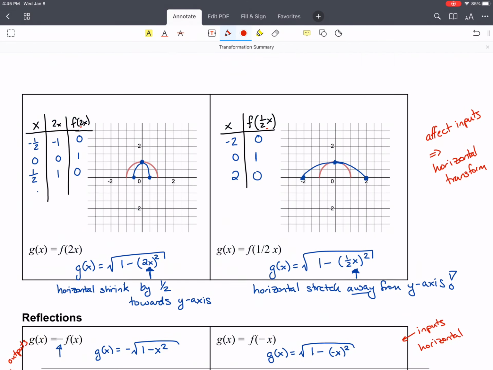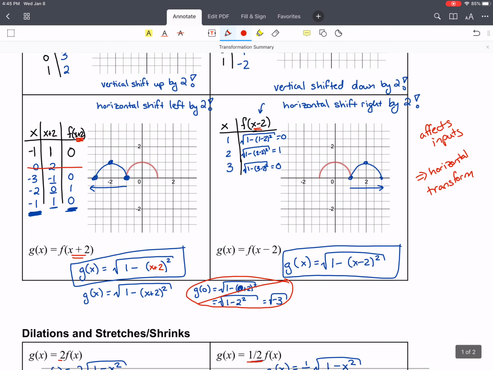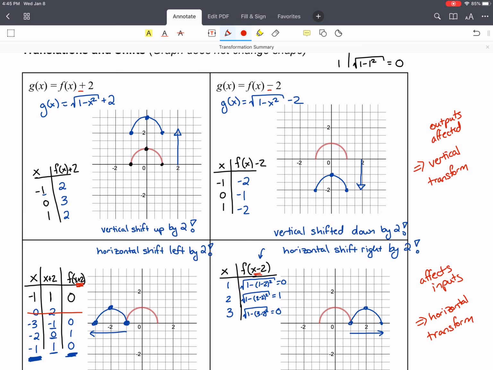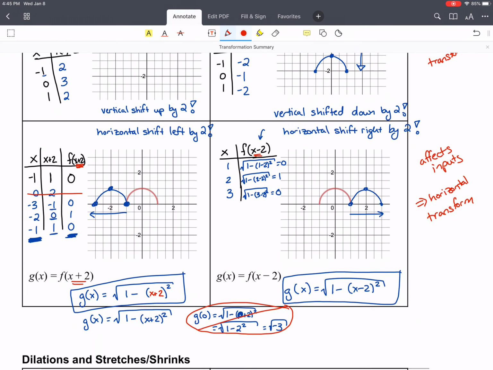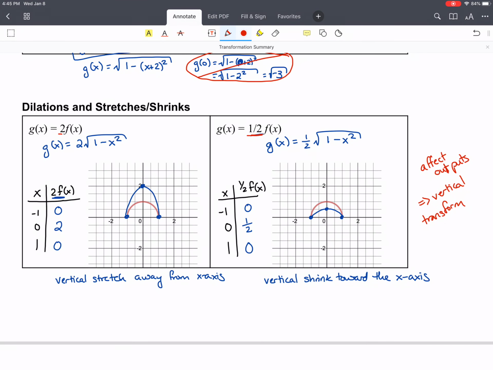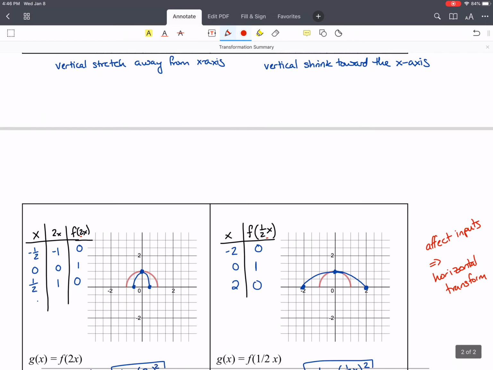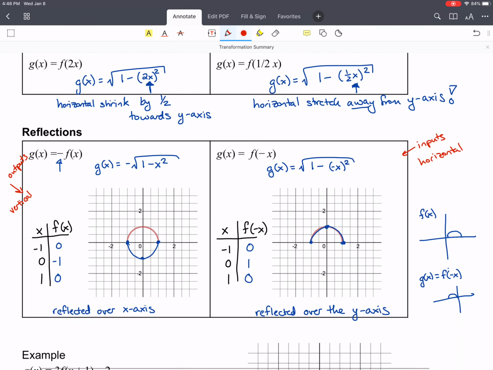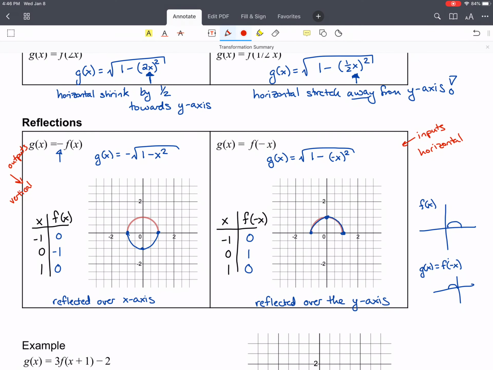So we have covered now shifts. We can do vertical shifts up and down. We can do horizontal shifts left and right. We have talked about vertical stretches and shrinks away from the x-axis, and then horizontal stretches and shrinks towards the y-axis, reflections over the x-axis, reflections over the y-axis.